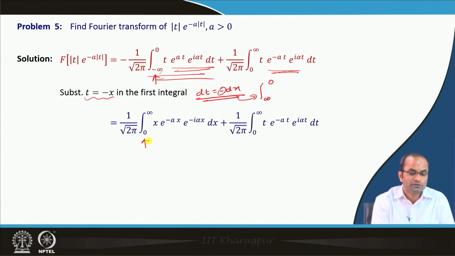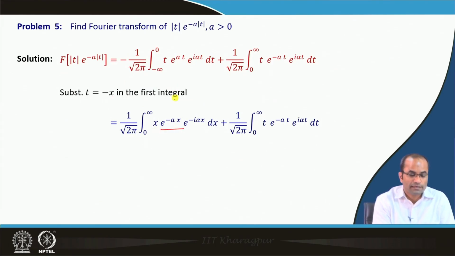So, we have the limit 0 to infinity, the t is replaced by minus x. So, there is a minus here now, which will be compensated with this minus which was already at front there. So, e power minus a, because now t is minus x, so e power minus a x and e power minus I alpha x dx, and the second integral as it is. So, again this t may be replaced by x, may be replaced by t.